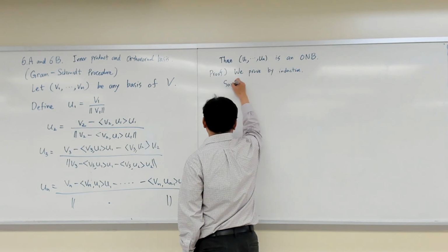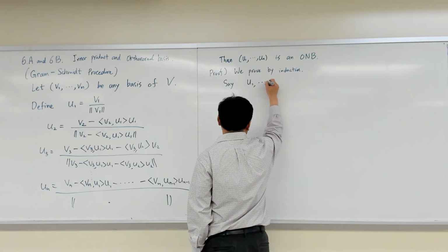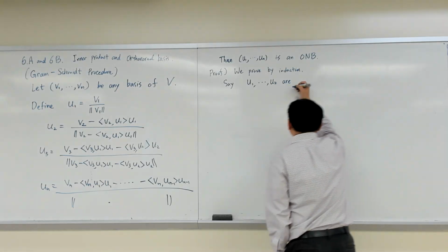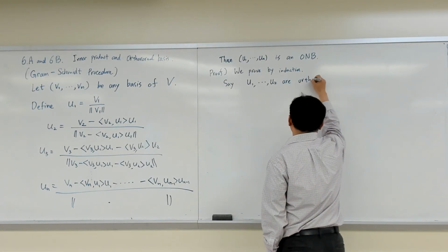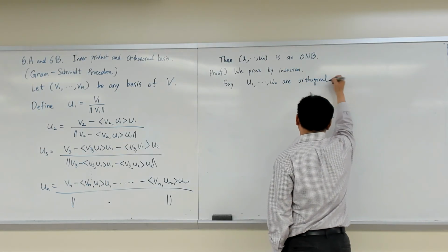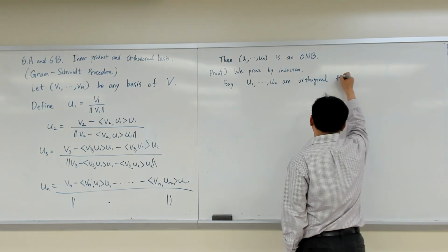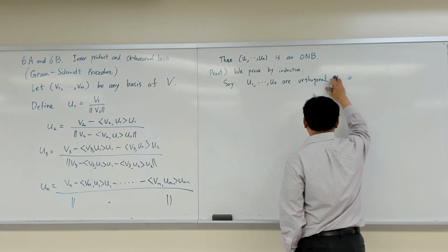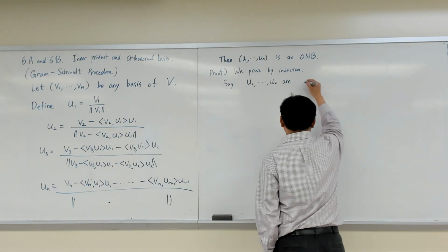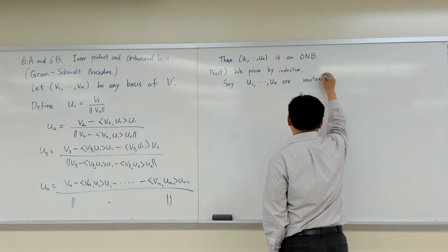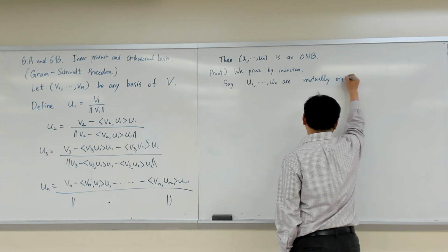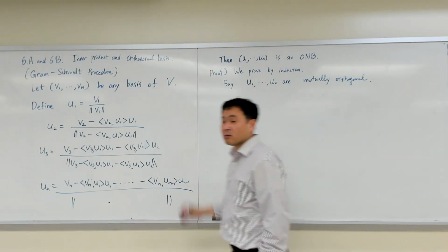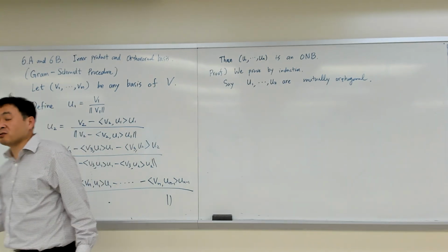Say u1 through uk are mutually orthogonal. So you take any two vectors, and the inner product is 0.